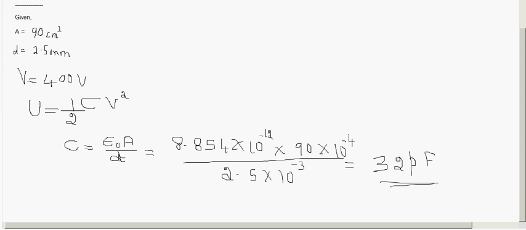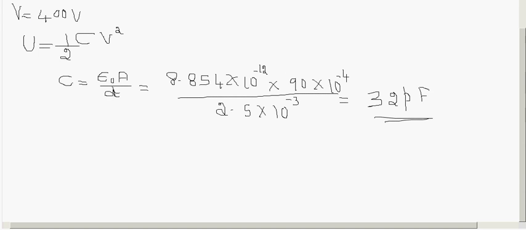Now to find out energy stored, U is half CV square. So energy stored U is equal to half into C, that is 32 pico, into V square. V is 400 volts.